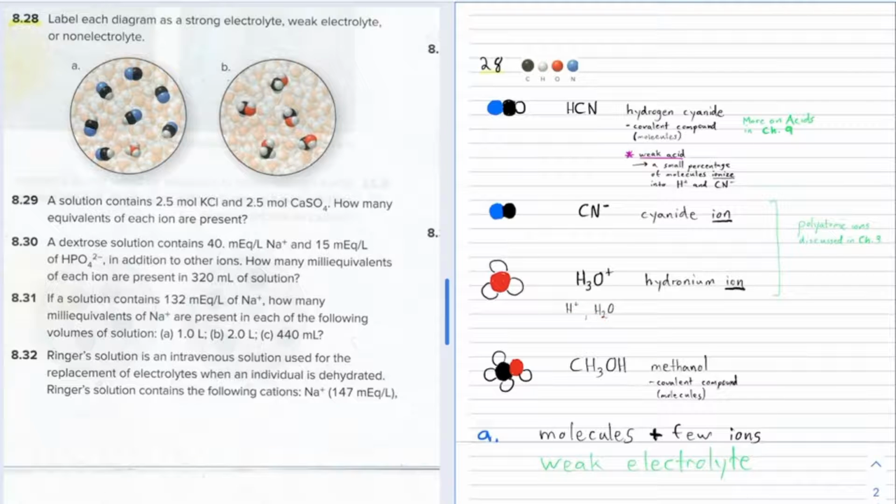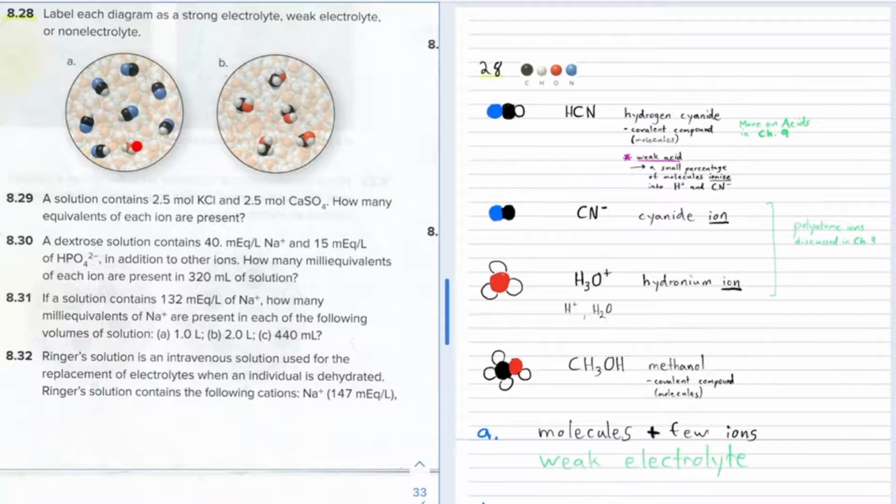So if you have some of your HCN, hydrogen cyanide, splitting apart into cyanide ions and protons, those protons come in the form of what are called hydronium ions. And you can see one of these. So you got that one cyanide and the corresponding hydronium ion.